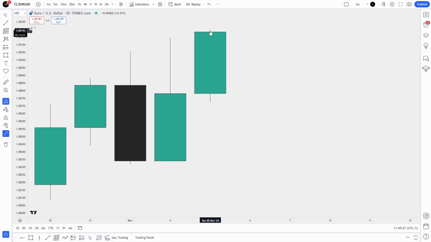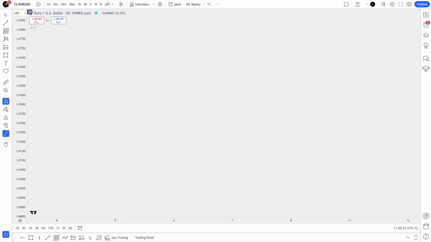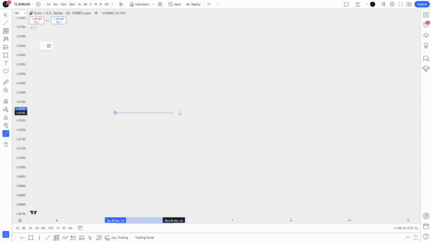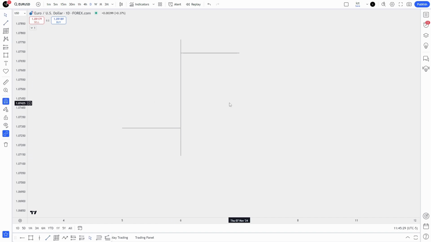As we run higher, we create a wick and then we close. Okay, so a classic buy day naturally looks like this. We have it open, we then trade lower, we then trade higher, the distribution portion of the move, and then we close.